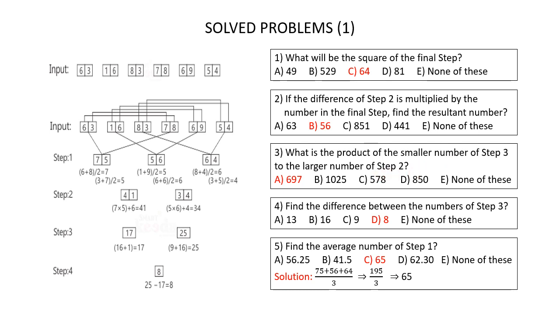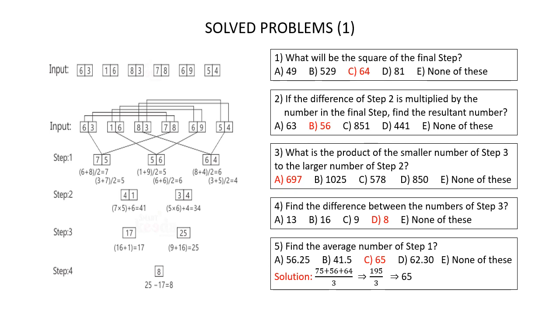So you have step 3 here and the smaller number in step 3 is 17. And you have step 2 here and the larger number in step 2 is 41. So 17 multiplied by 41 is 697. So the correct answer is option A, 697.